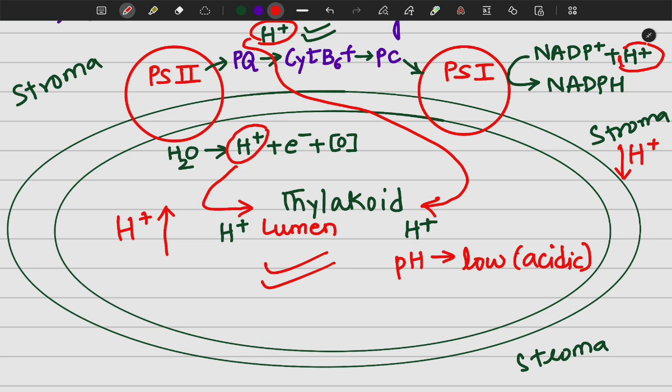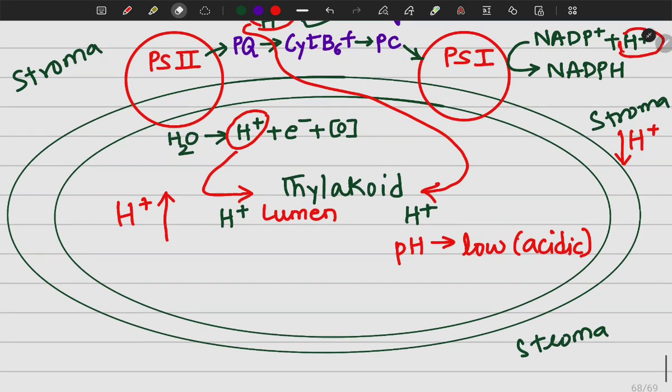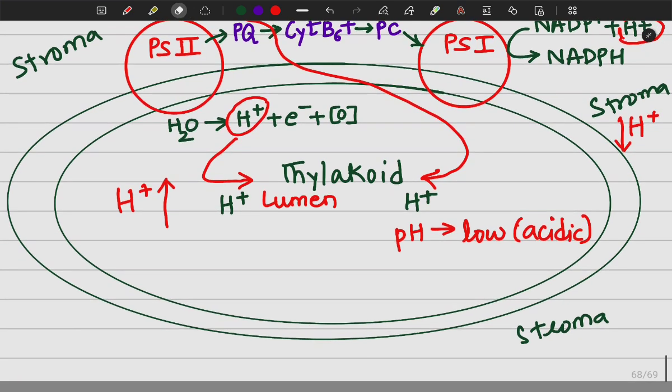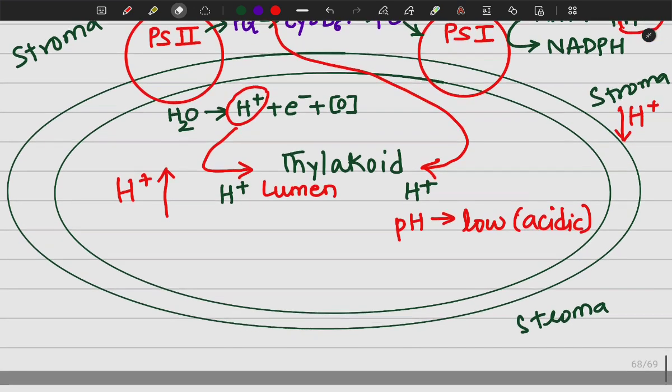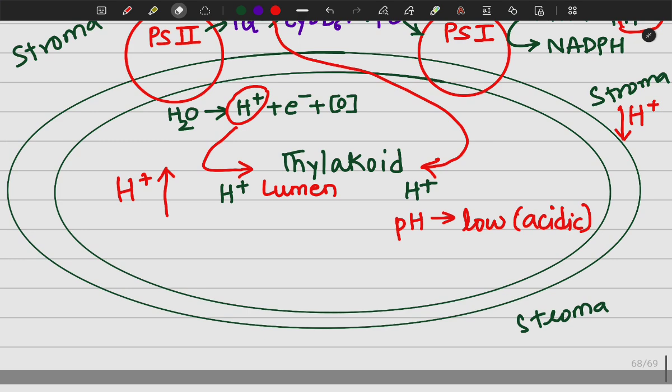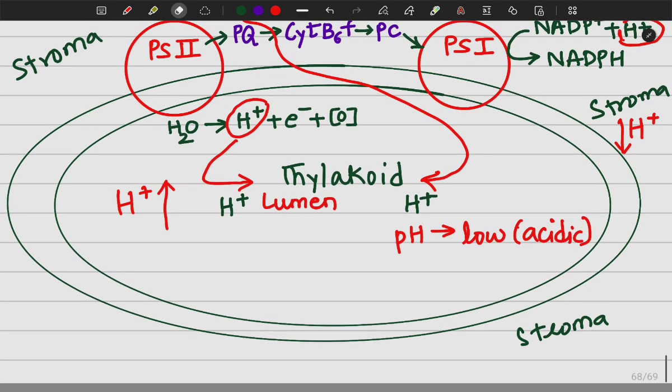Now we need to understand how this proton gradient will be broken down so that ATP is produced. So for the breakdown of this gradient, what happens? There's an ATP synthase enzyme which is present in the membrane of thylakoid here. It has two parts.